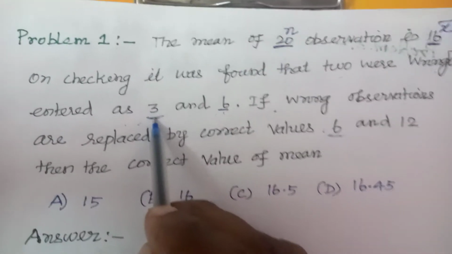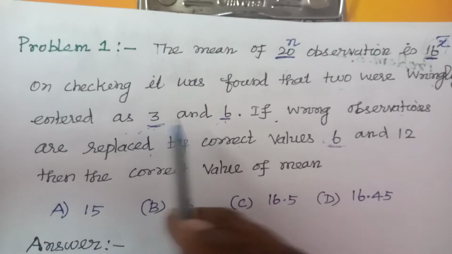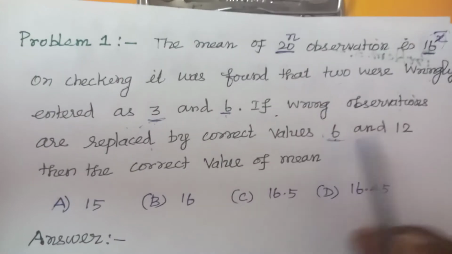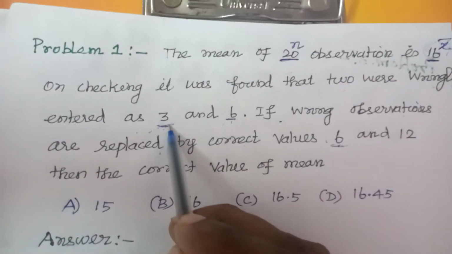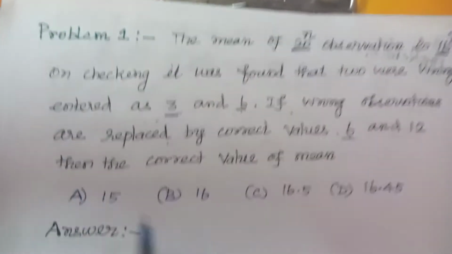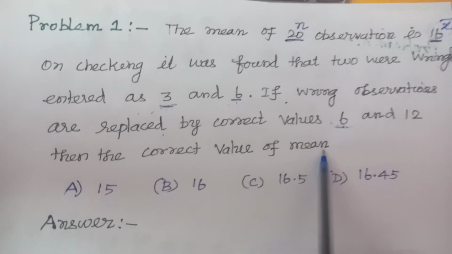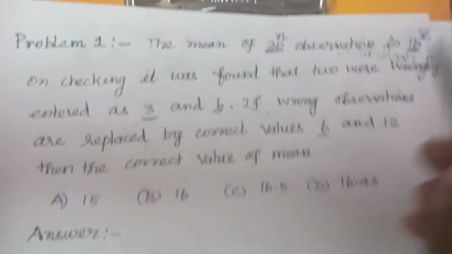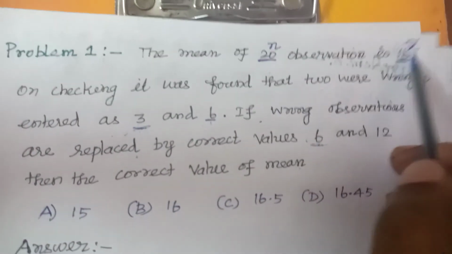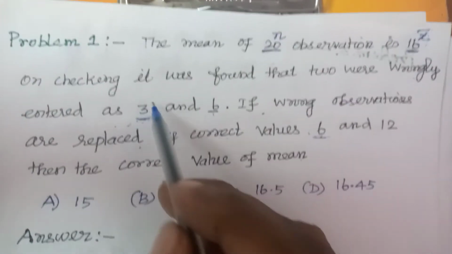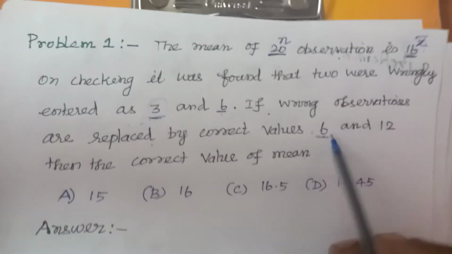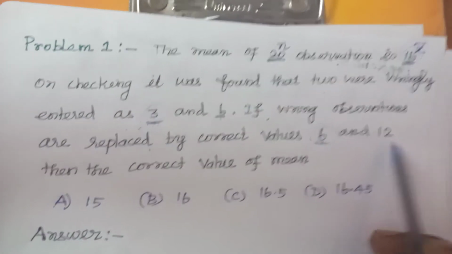Then what is the correct mean? Here the given mean is the wrong mean, computed with 3 and 6 entered wrongly. Now the correct observations are 6 and 12.